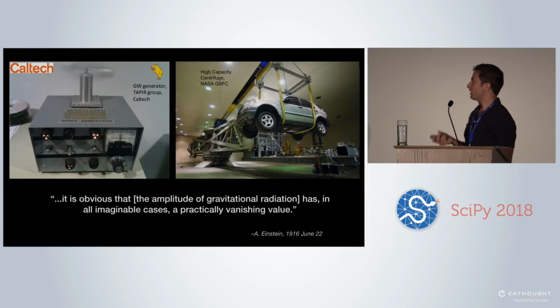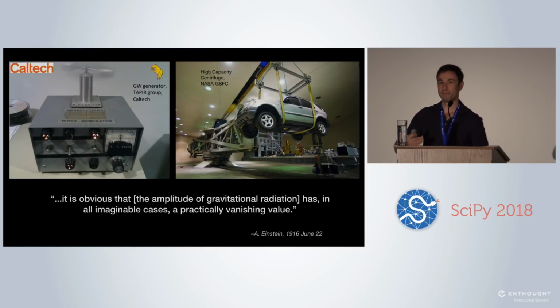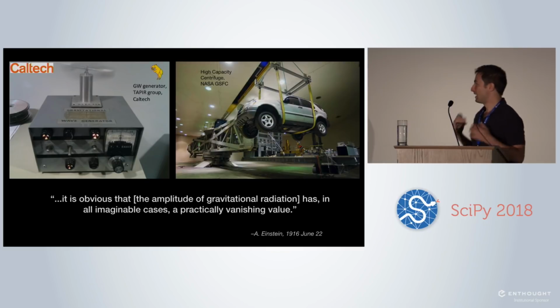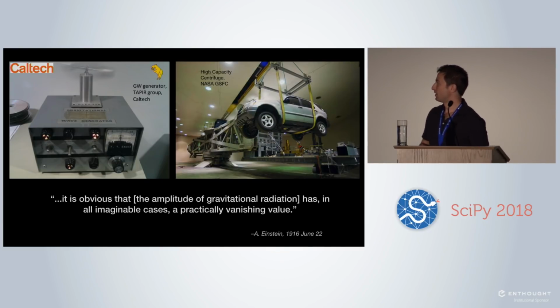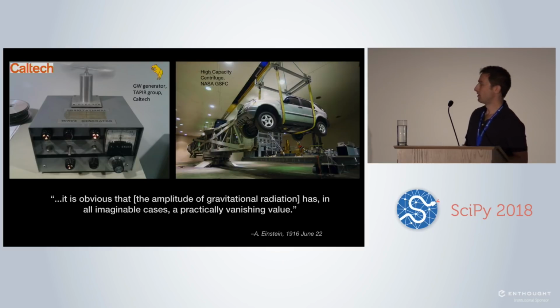On this slide, I'm showing two ill-conceived gravitational wave generators to show you that the idea of a man-made gravitational wave transmitter just cannot exist. The first one on the left here is a gravitational wave signal generator that's sort of a gag device that sits in the theoretical astrophysics meeting room at Caltech.